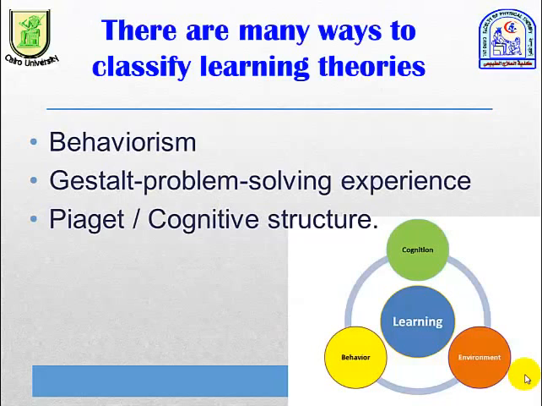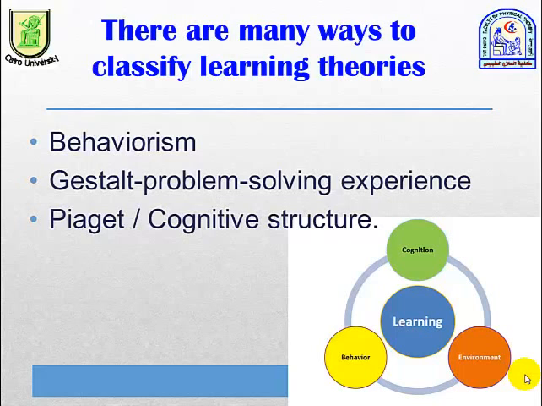How many theories do you have? There are many ways to classify learning theory. We have a lot of names. We have different categories of learning theory. First one, and the most common one, behaviorism. The second one, Gestalt, problem solving experiences. The third one, Piaget, or as all of us consider and name it, cognitive structure.